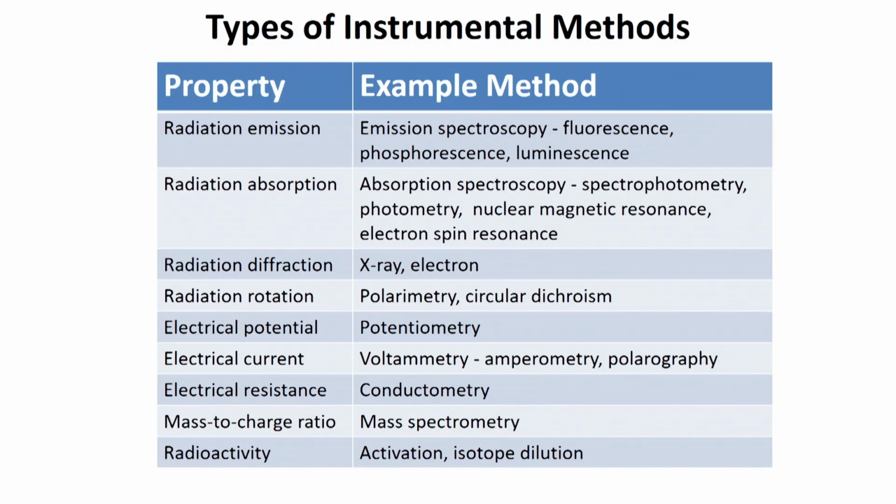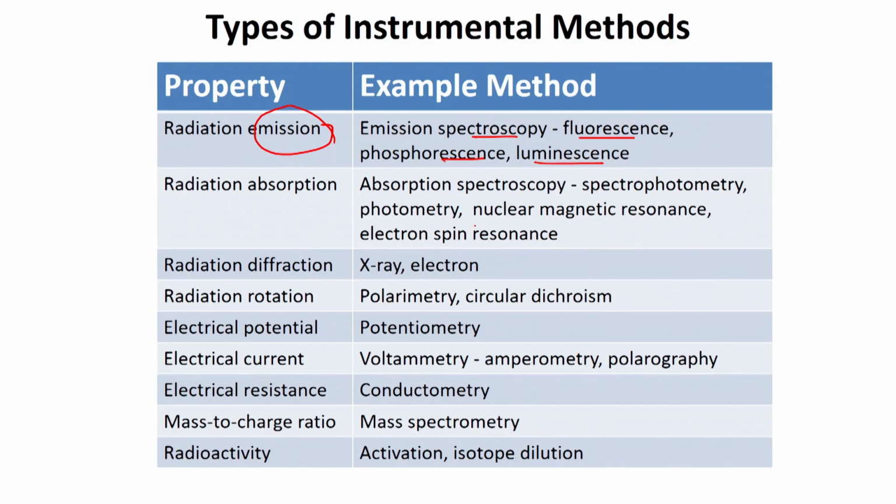There are different types of instrumentation. For example, if you are using emission spectroscopy, fluorescence, phosphorescence or luminescence, what is the property? Here we are measuring emission from the atom or molecule, so when it is irradiated, it gives an emission signal.